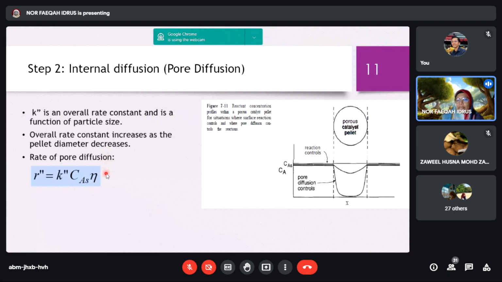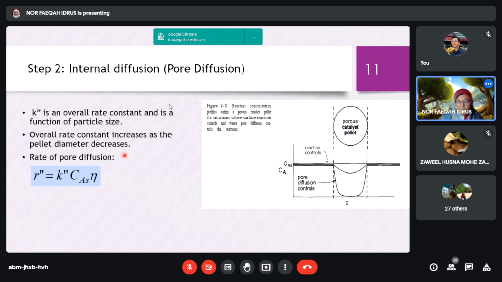actually to calculate this effectivity is quite complicated sebab dia banyak equation. And basically for pore diffusion, kita tak consider to calculate the rate of reaction, the overall reaction. You just need to know the principle how the internal diffusion occurs sahaja.